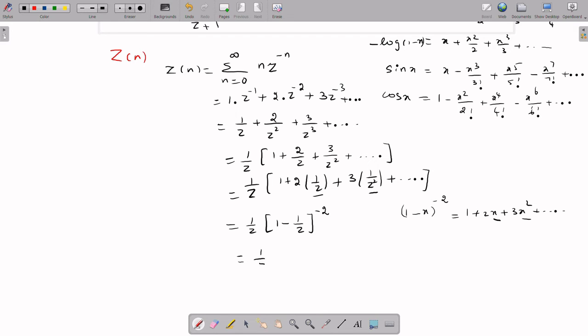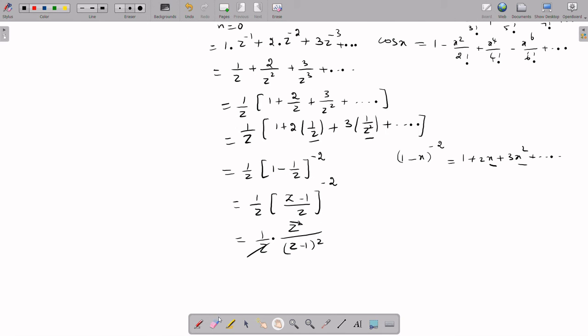1 by z into, taking LCM, you have z minus 1 by z the whole power minus 2, or when you're taking the reciprocal, the negative term becomes positive. So z by the z squared by z minus 1 the whole square. Is that clear? So one z gets cancelled. So remaining you have z by z minus 1 the whole squared.